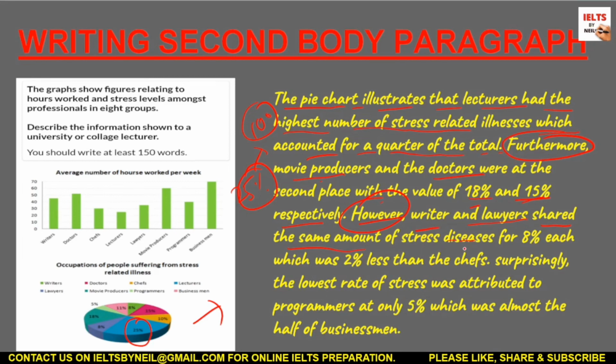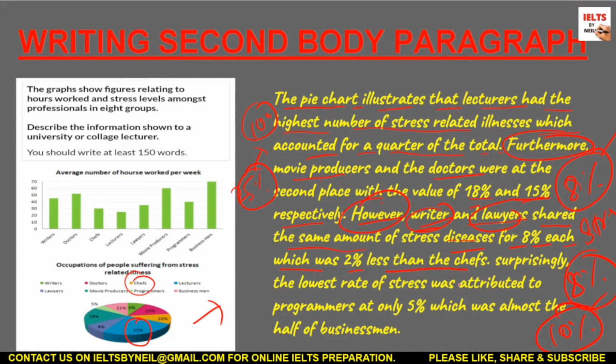Same amount of stress diseases for 8% each. Means writers and lawyers, they had 8% each stress level. Okay, which was 2% less than the chefs. So lawyers and writers had 8% and 2% less than the chefs. Means chefs had 10%, right? So indirectly we have covered the chefs also.